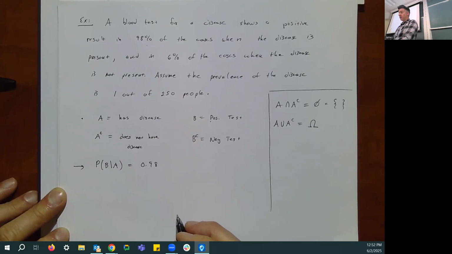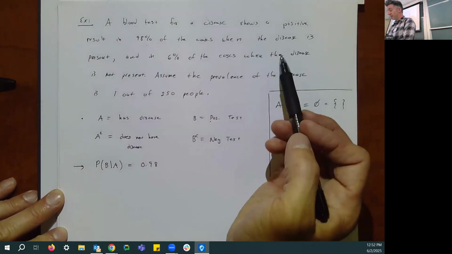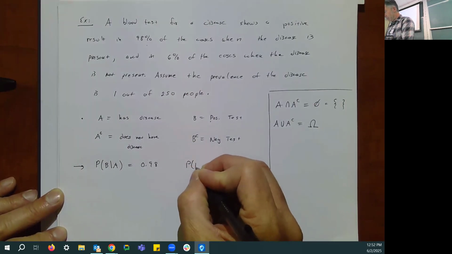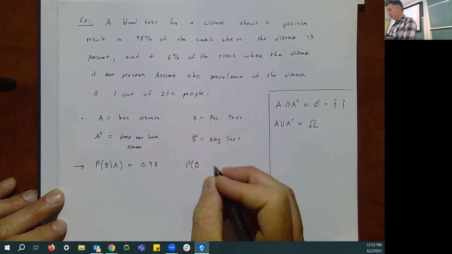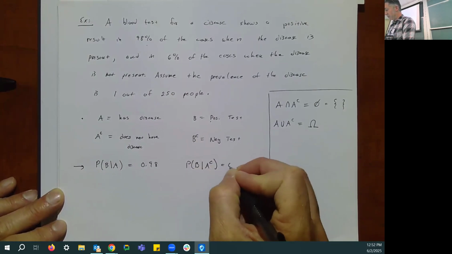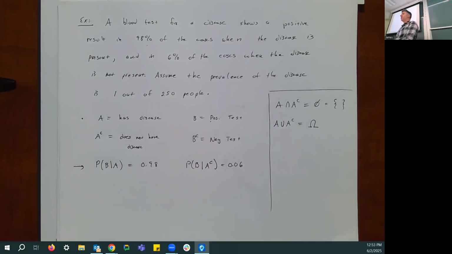They also tell us that the probability of testing positive when the disease is not present is 6%. So the probability of testing positive, still B, given that the disease is not present, is 0.06 or 6%. There's also other probabilities we could write down, but I find it hard to think of them when I'm writing things like this.